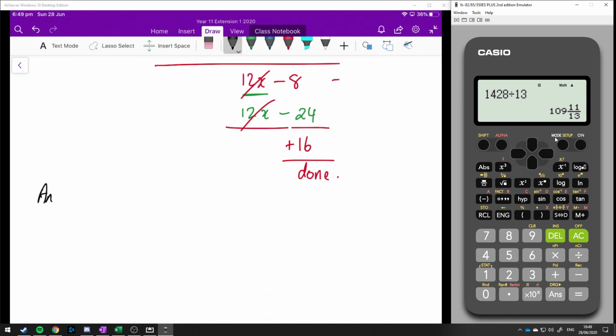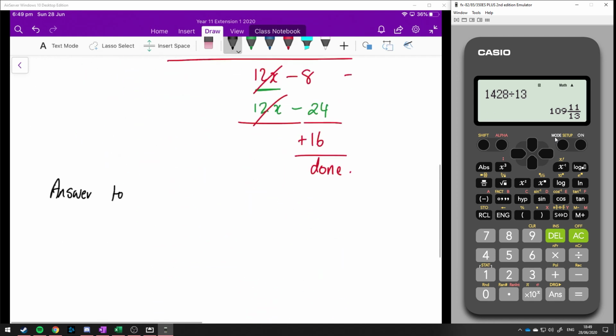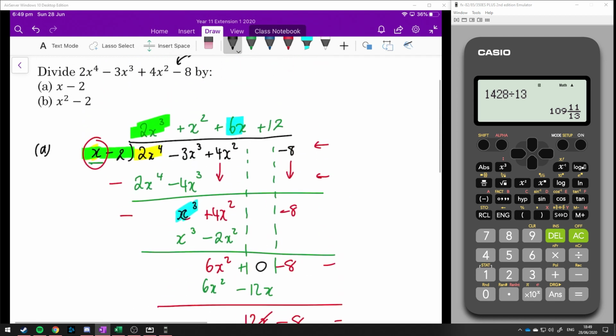So our answer to, and let me just make sure I get this right, 2x to the power of 4 minus 3x cubed plus 4x squared minus 8 divided by, and make sure these are in brackets too because we're dividing it all, x minus 2 is equal to, and now we're going to write our term up here.